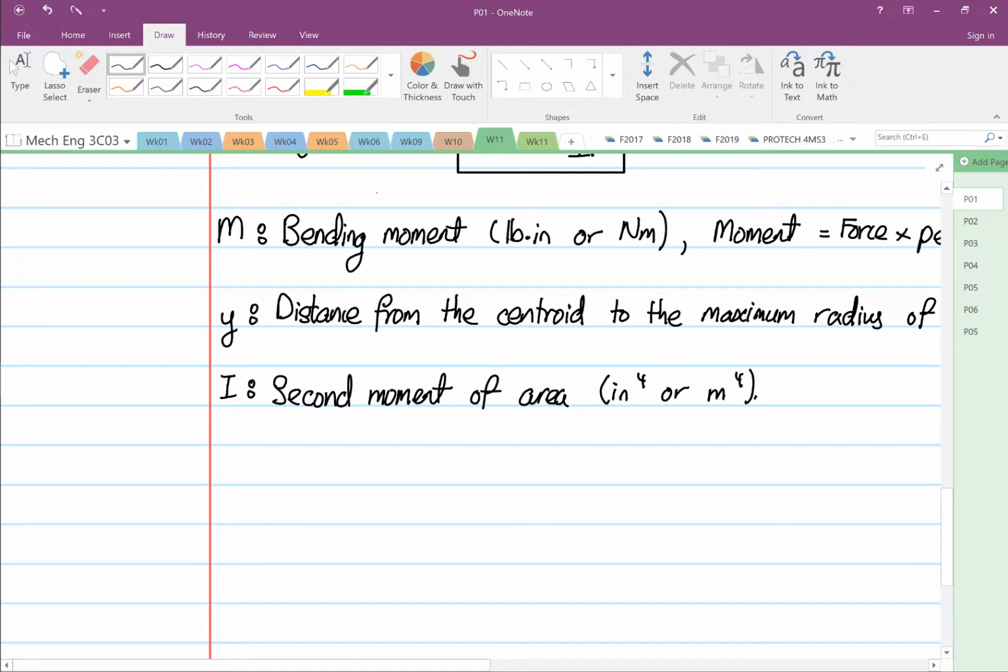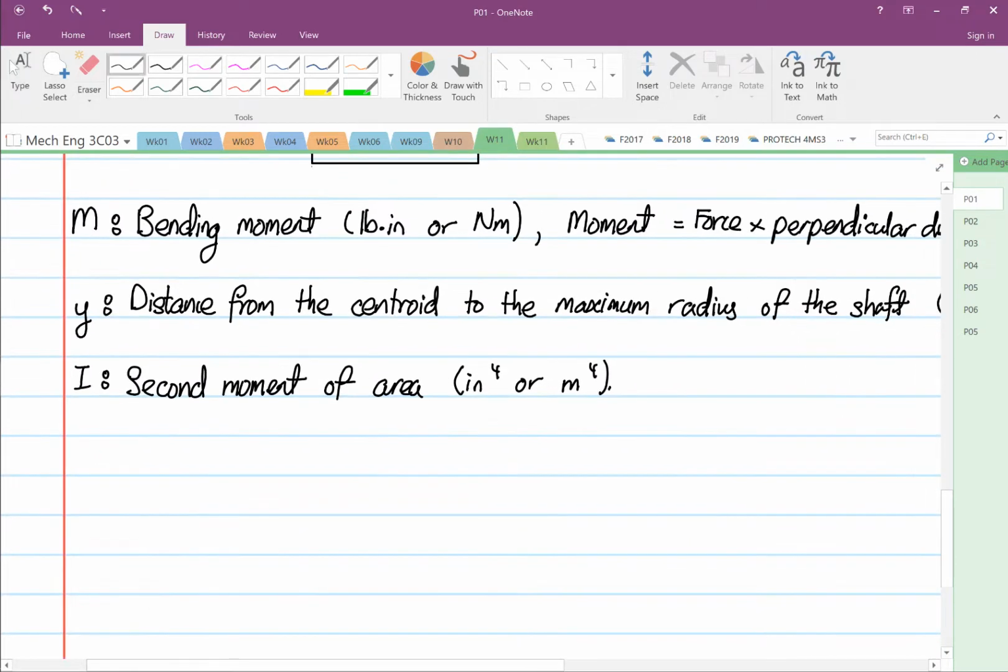Second moment of area, another term, is resistance to bending. We call it the resistance to bending.